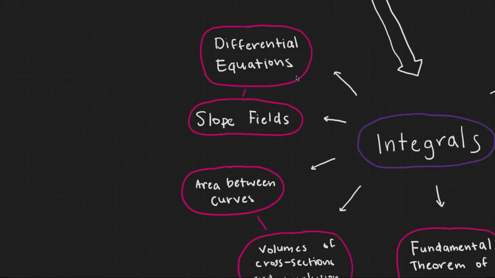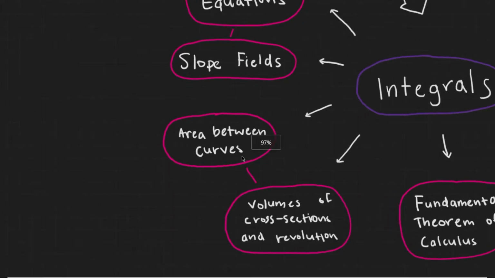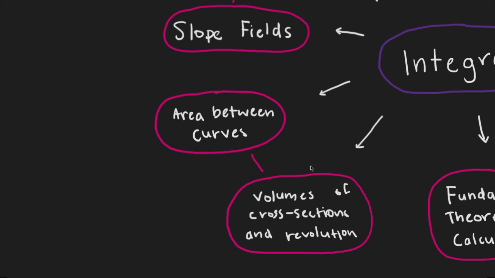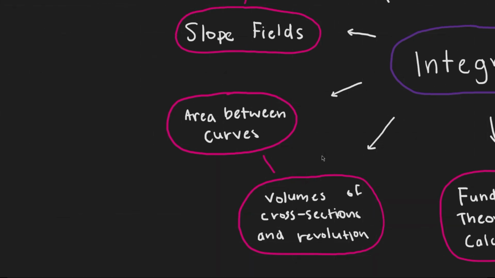Yeah. And down here you have the area between curves and volumes of cross sections and revolution. These can be tricky just in memorizing the forms. But basically what this talks about is finding the area between curves, as it says in its name, and then coming up with 3D shapes using that area, right?